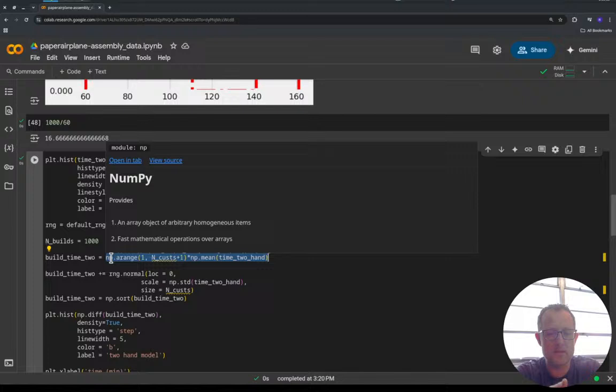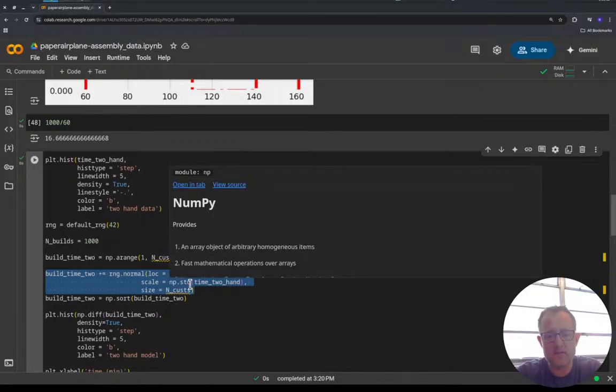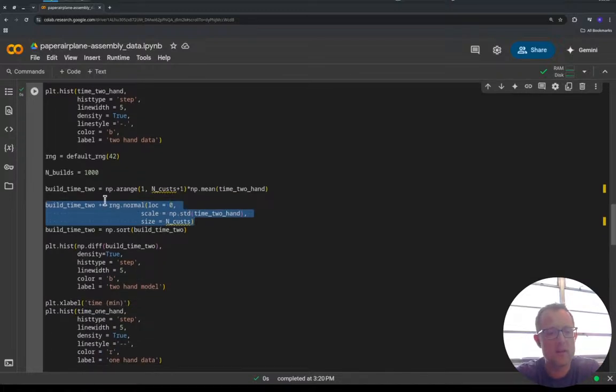So build 1 was at time 1, like 60 seconds, that's when it finished. Build 2 is going to be about 120 seconds. And then I'm adding a standard deviation to that and saying, hey, build 1, maybe it took 40 seconds or maybe it took 80 seconds. That's all within our standard deviation. So that's what this plus equal sign is doing.